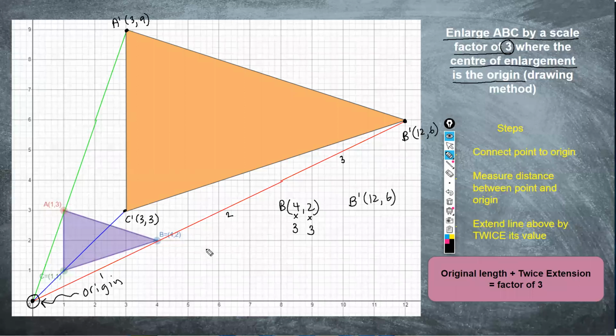If the question said to stand over here, for instance, like this is not the origin, this is 7, 1. If they had asked the same exact question just now, but the only difference was to stand at 7, 1, the shortcut of multiplying just by 3 would not have worked. And that's really, really important.